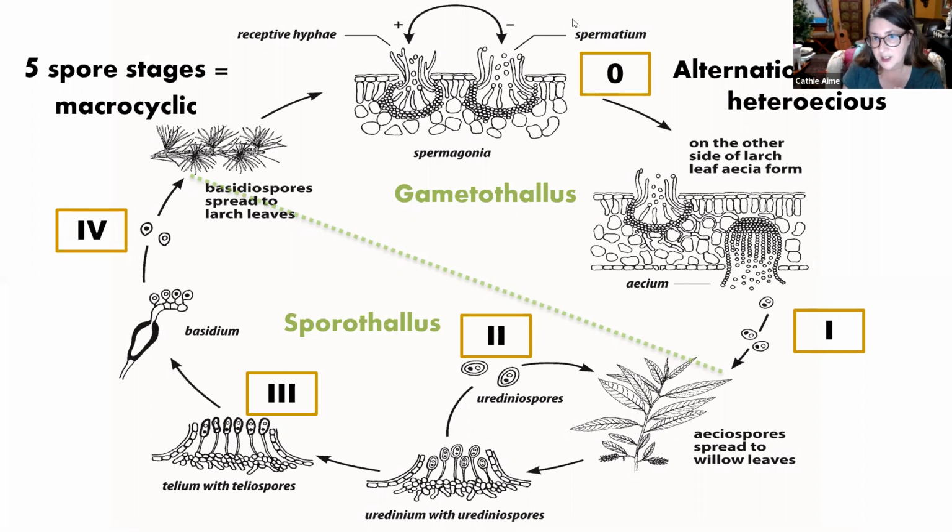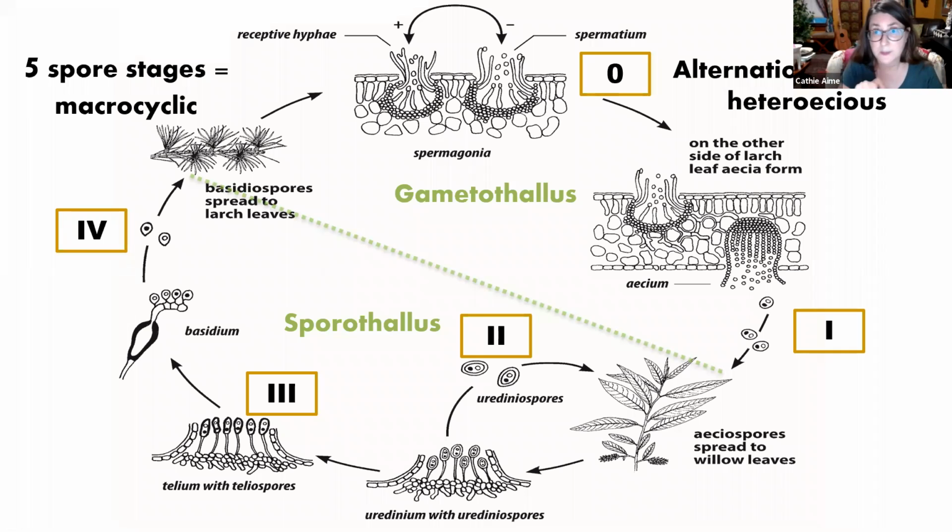Again, as I mentioned, this is the half of the life cycle that we call the gametophytic, because it's largely haploid, and this is where our gametes fertilize each other. And this is the sporophytic, it's dikaryotic. And again, this is on two different, not just two different hosts, but it has a very temporal component.